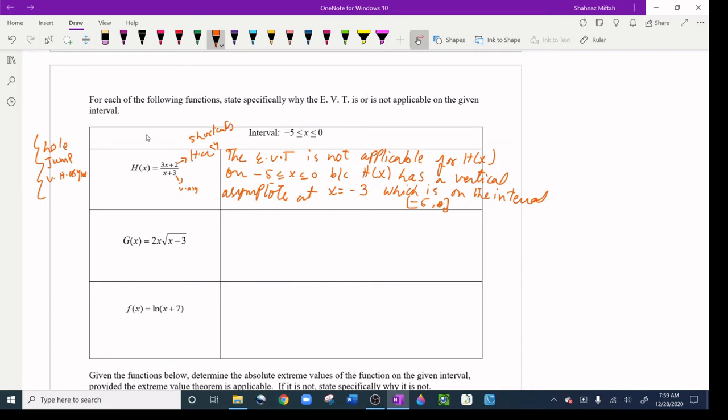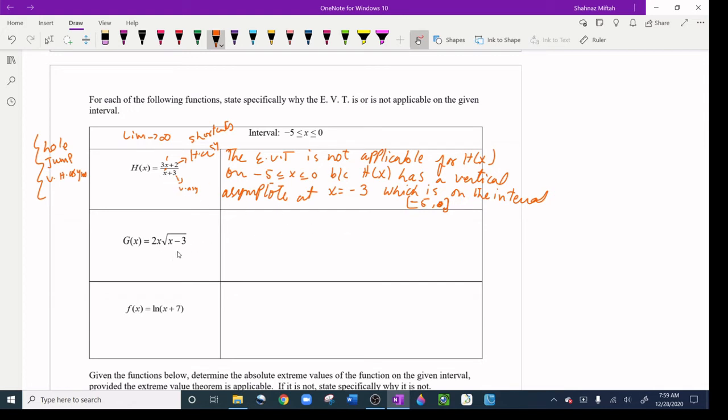A horizontal asymptote is when the limit approaches infinity. If I use the shortcut, the degree of the numerator and the degree of the denominator are exactly the same, so 3 is your horizontal asymptote. But if they were asking for a horizontal tangent, then you make this equal 0, and for a vertical tangent, you make this equal 0. And vertical asymptote is also the same.